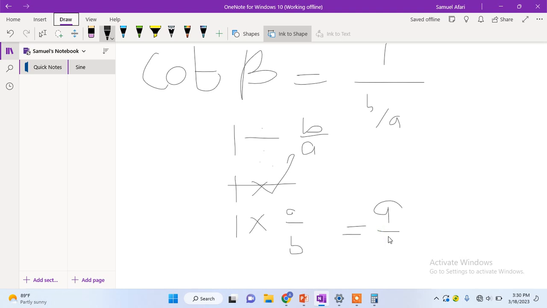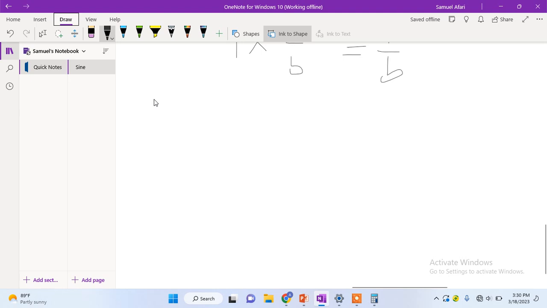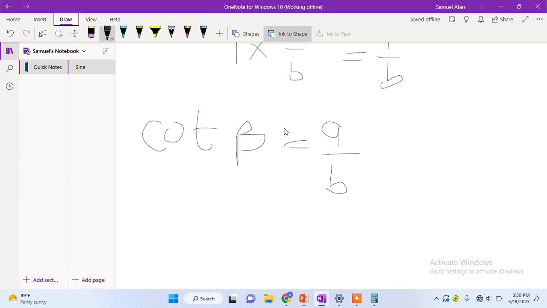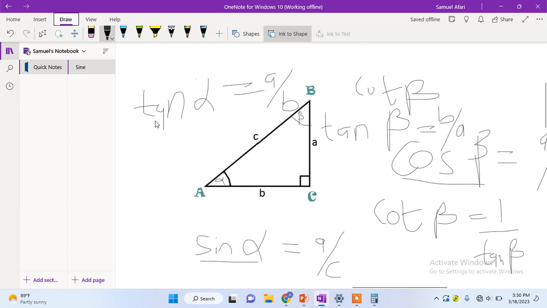Then it means that we are looking for cot beta, is that not it? So cot beta is the same as A over B. You get it? And then we know that tan alpha was also A over B from here.